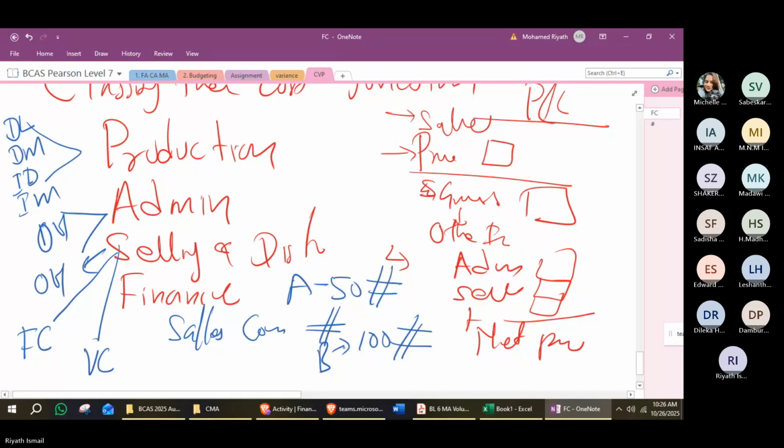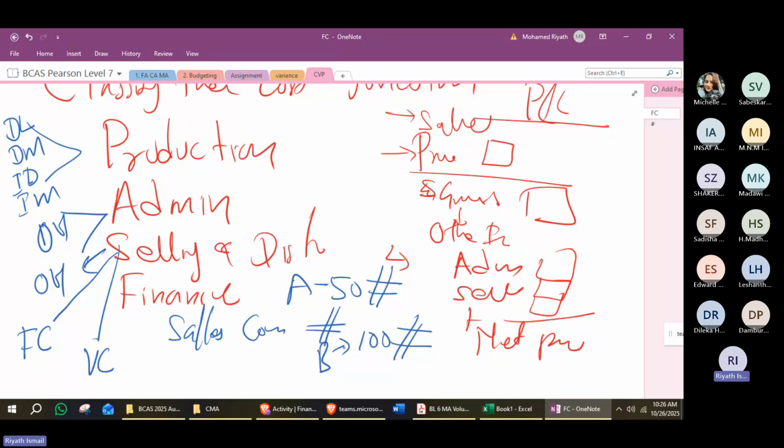B. So is it fixed or variable? Variable. When he sells a higher number of units, he will get a higher amount of commission. It's a variable cost.